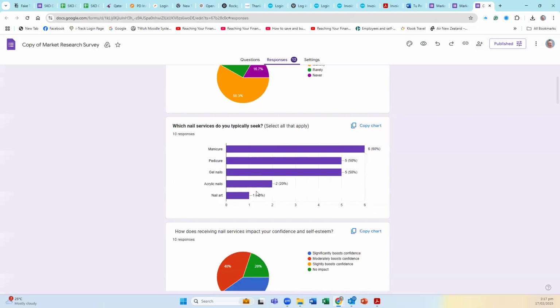So let's look at a second finding. The second question: which nail service do you typically seek? Now, those who responded, 60% of those who responded preferred manicures, 50% prefer pedicures, and 50% prefer gel nails. So that gives you a bit of an idea what type of services you should be focusing on. And those are the three areas: manicure, pedicure, gel nails.